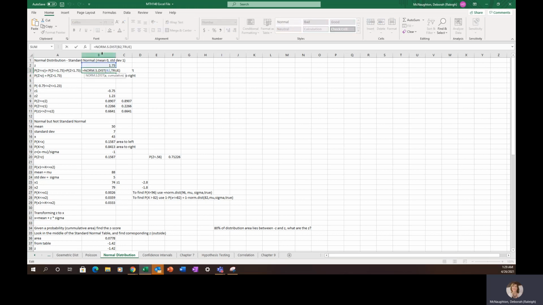And again, the way that we find that is we use norm.s.dist. This is for standard normal when the mean is 0 and the standard deviation is 1. We just put in that z-score, comma, true.